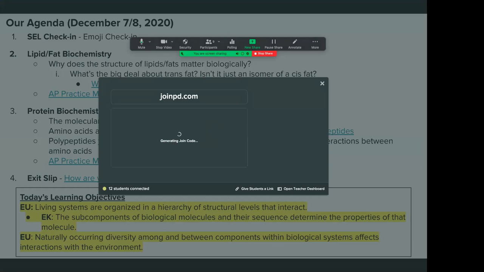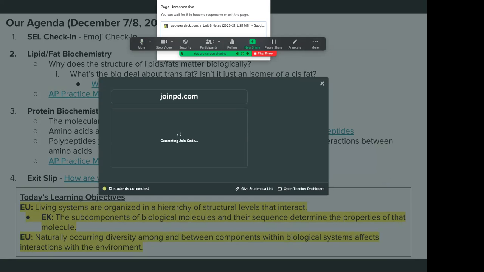What if you just refresh your page? Is that true for everybody? Okay, we're gonna make it work. If you want to take a short break, stand up, stretch.